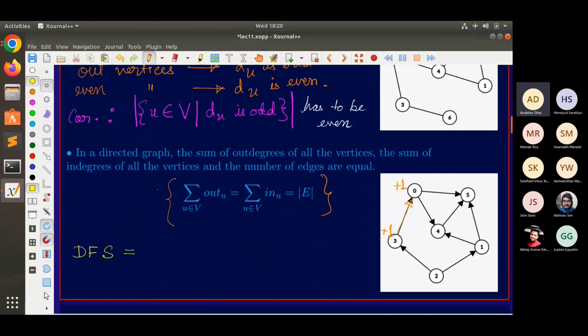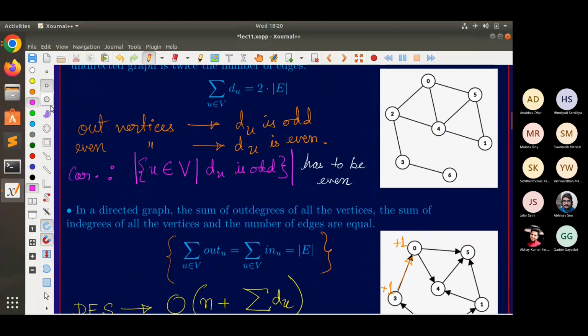So basically, the time complexity of depth first search will be order n plus the summation of du over all vertices, right? For each node, you are going through all its neighbors for a further depth first search. Maybe you return back because this vertex may have been visited in a previous search, but nevertheless, you have to either check if it is visited or go and visit this vertex and carry on depth first search.